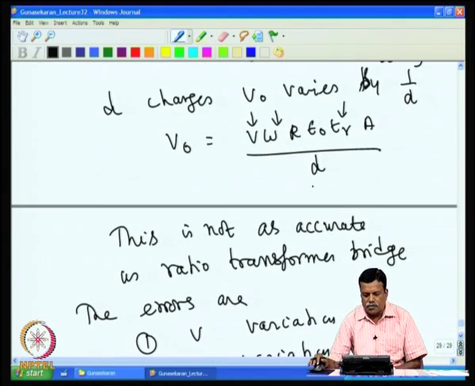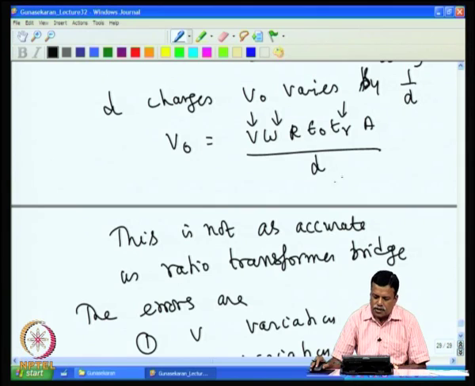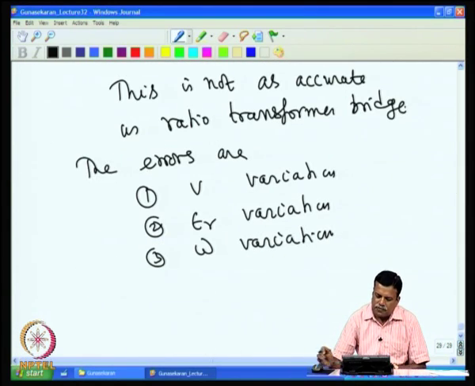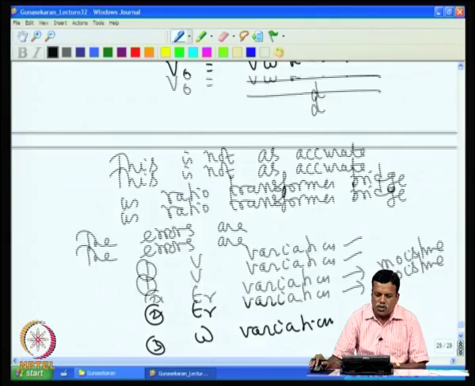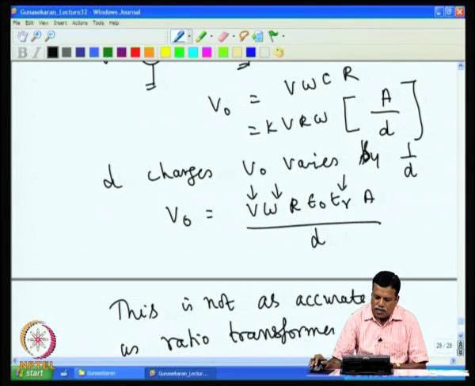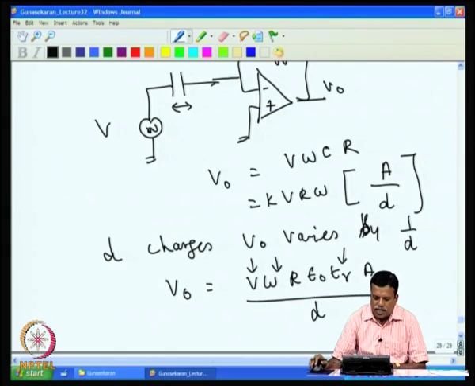These are very serious problems, because epsilon R can vary because of moisture, and the source voltage can vary, and the frequency can vary. These problems are not there in the earlier circuit, that is the ratio transformer bridge circuit. So, we have to see how to minimize these errors.